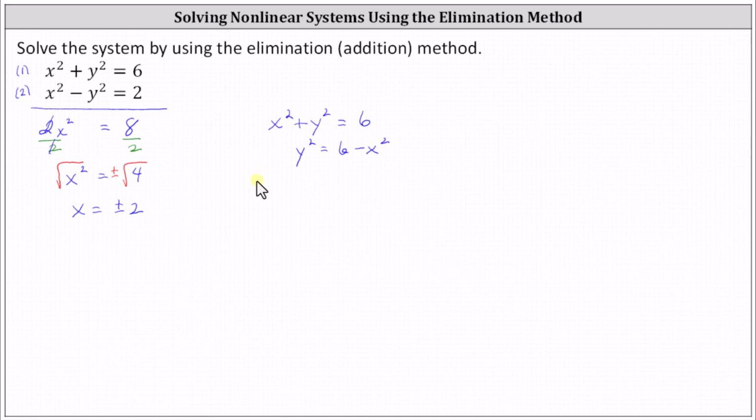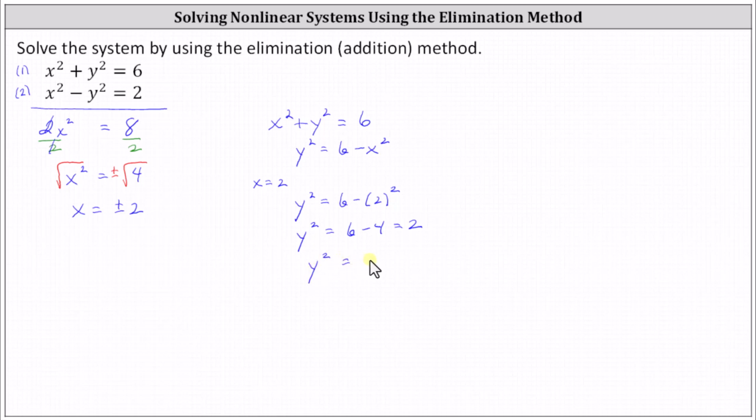And now let's use x equals positive 2 and solve for y. Replacing x with 2, we have y squared equals 6 minus the square of 2, which indicates y squared is equal to 6 minus 4, which equals 2. So now we know y squared equals 2.